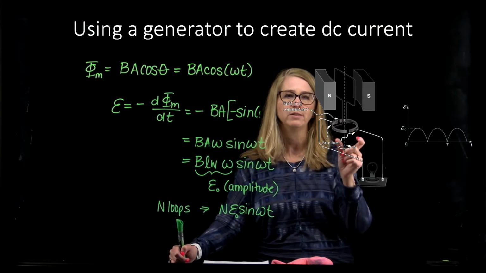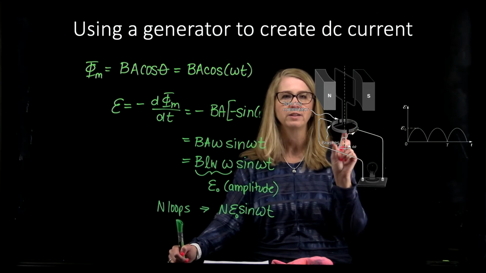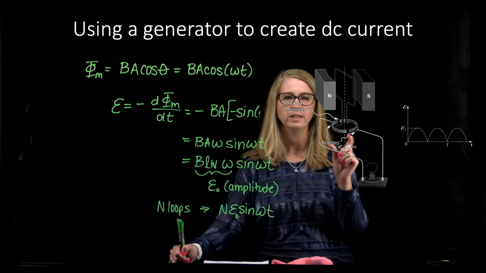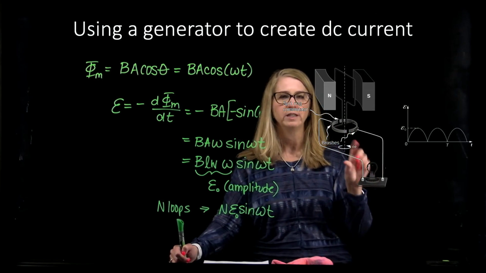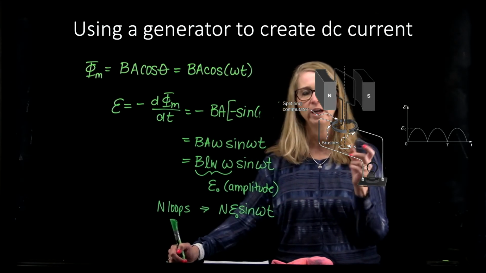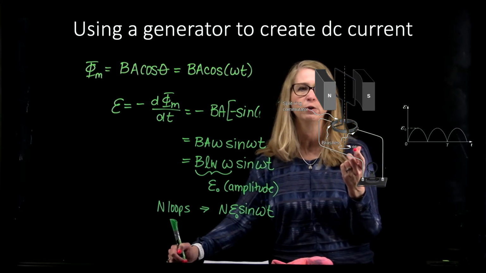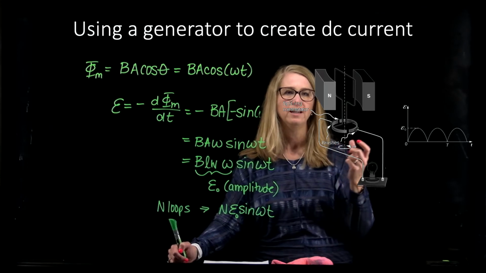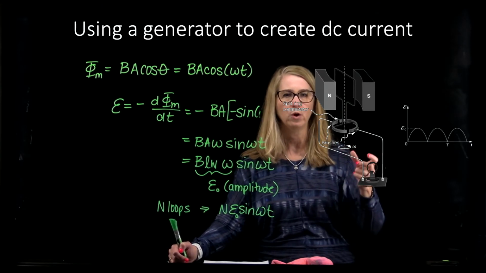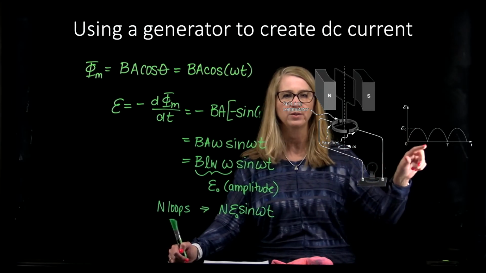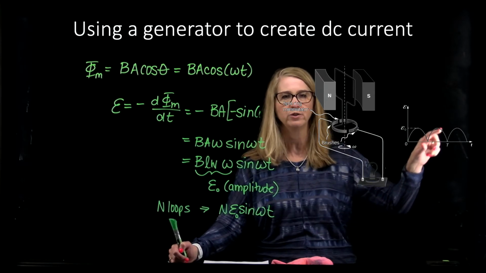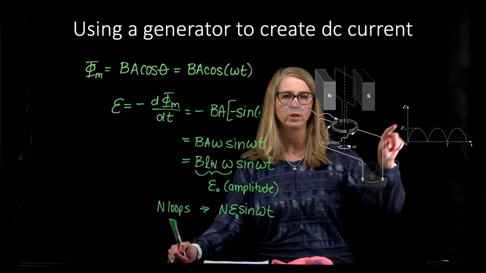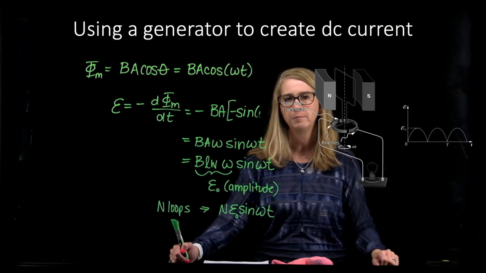As the loop is rotating, the terminals will switch which end of the loop they're attached to in a precise way, so that the EMF coming out always has some positive value. Now you still have the oscillation, it still goes up and down, it's not solid.